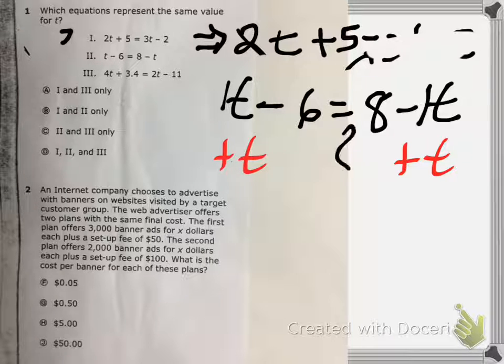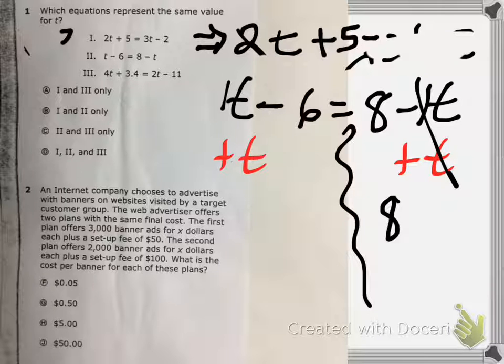Also, I'm going to create my river to keep things balanced. Next, when I simplify, these t's eliminate each other, and that leaves me with 8 on the right side. And here, 1t plus 1t is 2t, and I still have minus 6. So the next thing I should do is eliminate the minus 6.